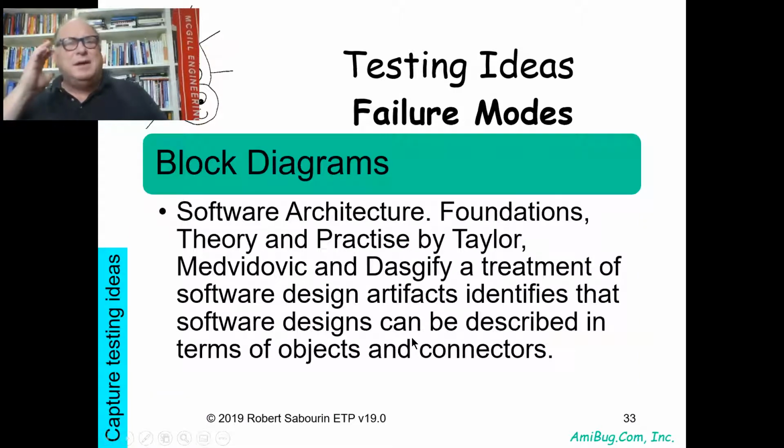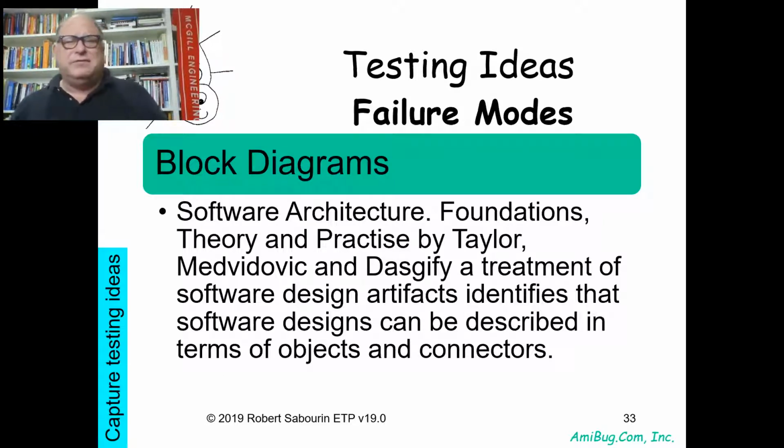They're related to it. Now, there's a nice book on software architecture by Taylor, Medvidovic, and Dashofy, excuse my pronunciation. These are basically just beautiful, beautiful descriptions of diagrams used in software architecture. And my favorite of them is the block diagram.